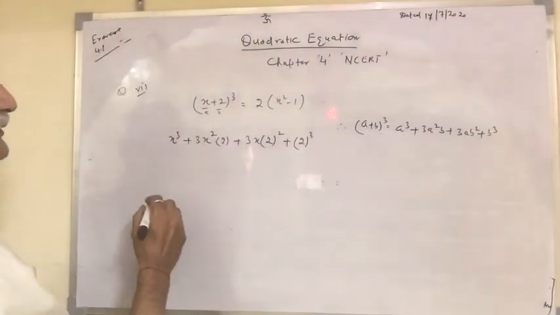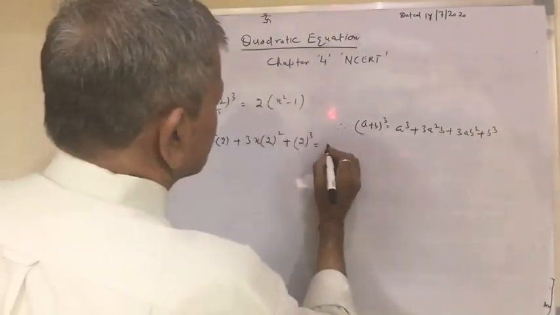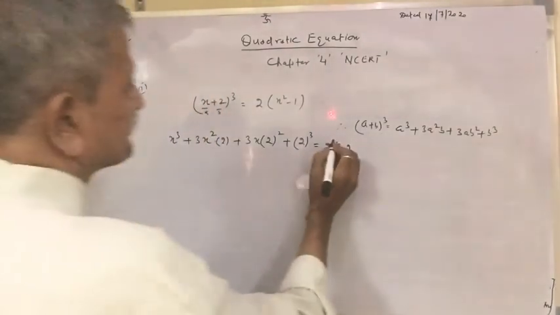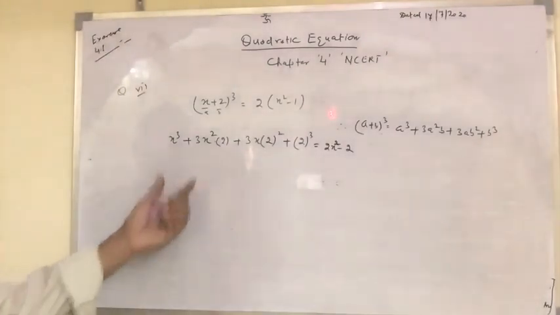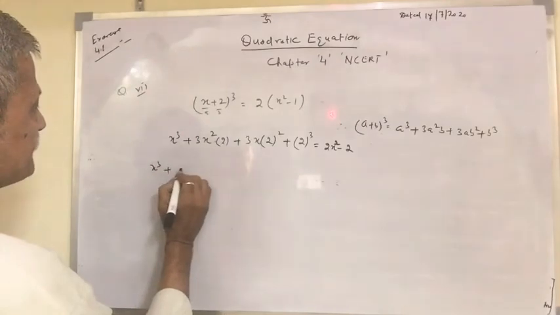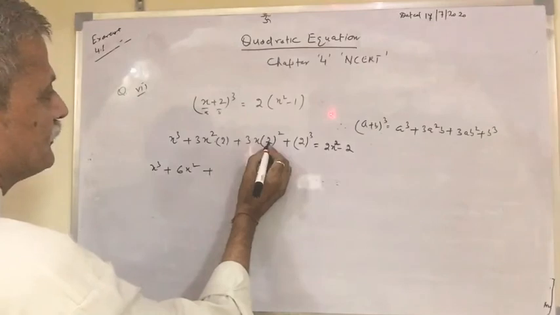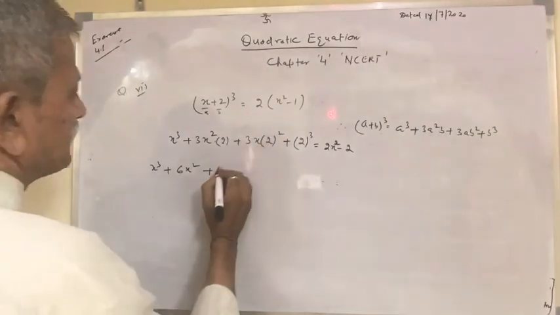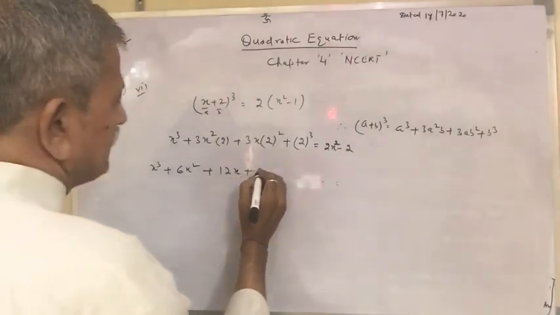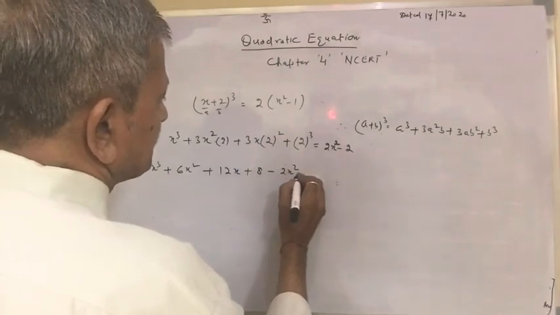This is your left hand side, and from the right hand side you would get 2x square minus 2. Now if I transfer this all, x cube plus 6x square plus 12x plus 8, 2 cube is 8, and minus 2x square plus 2.